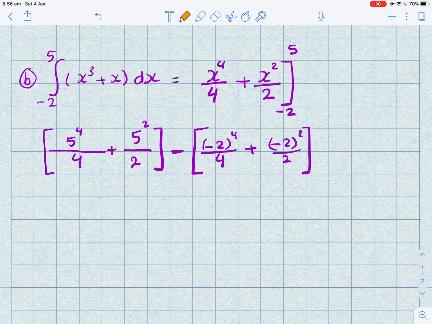So I'll just write down here this substituting upper limits, and here substituting the lower limits.